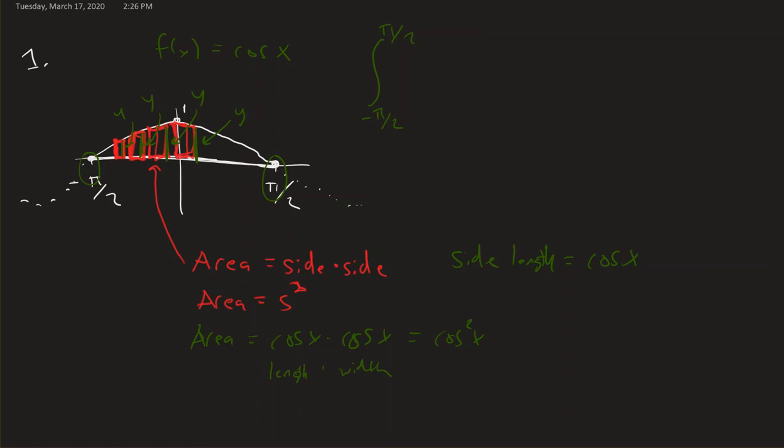Cosine squared x is like a length times a width, and a volume is going to also have a height. But since each of these squares is infinitely thin, the way that we keep up with that is the dx.